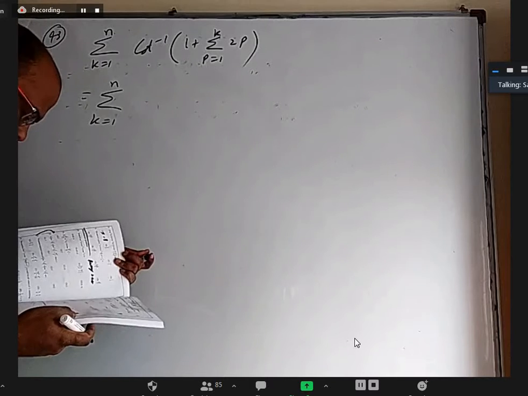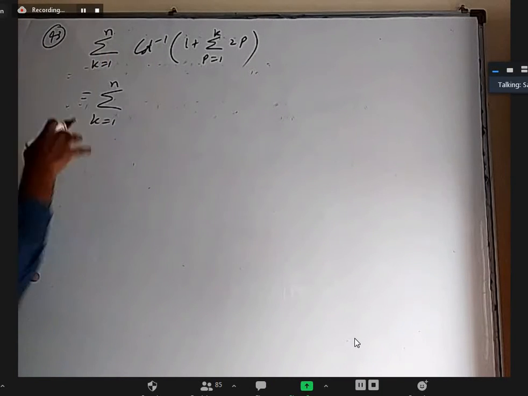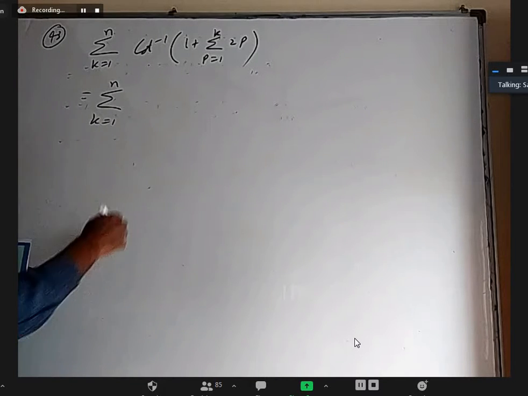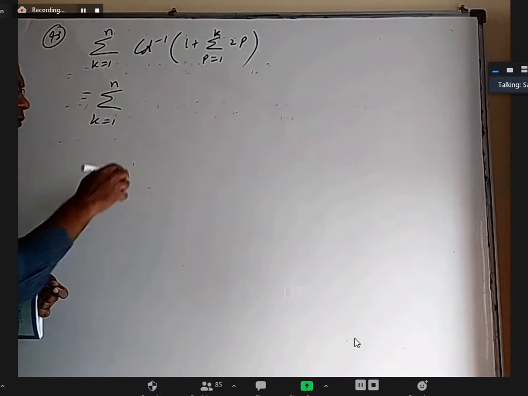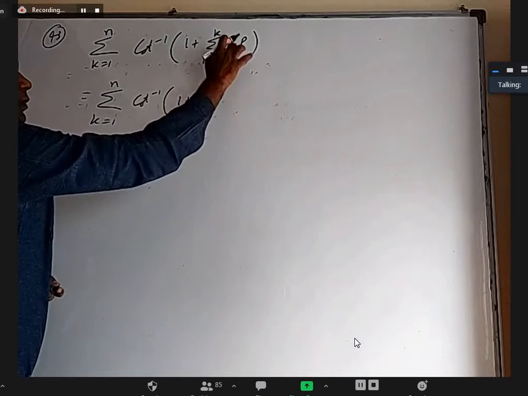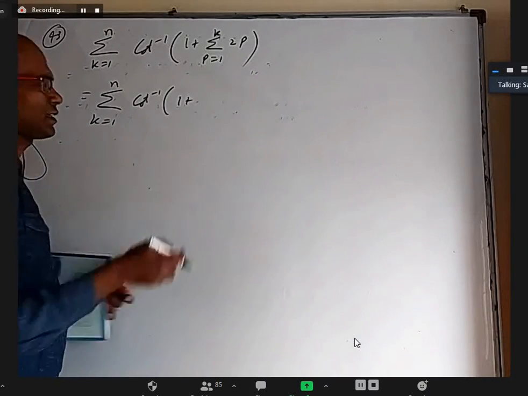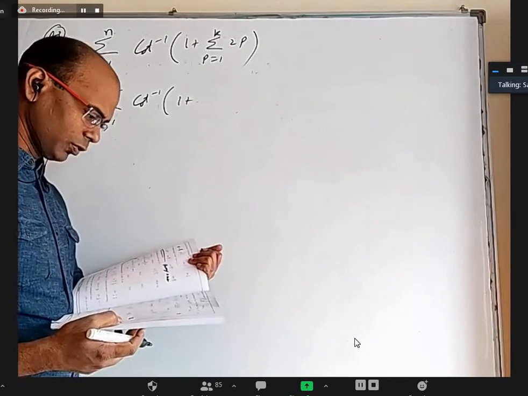Wherever n is there, I kept k, and the upper limit I kept n here. Basically, I want to find the sum of n terms. And outside cot, I'm not writing. First, I'll find the inner part, cot inverse 1 plus... Basically, it is the same as the 40 question in a sense. Yeah, it is actually the same. There's no need to do both.